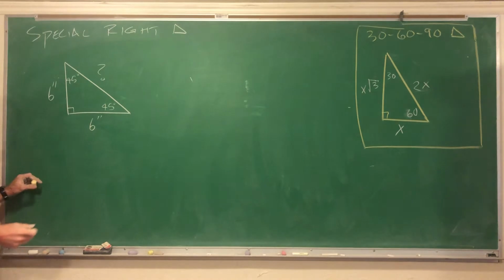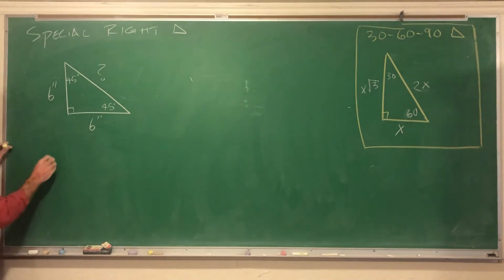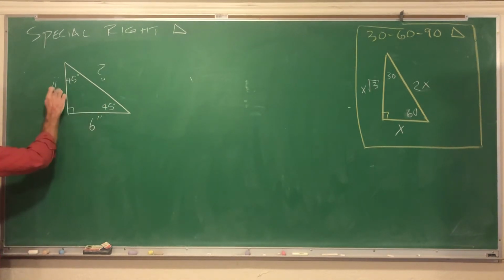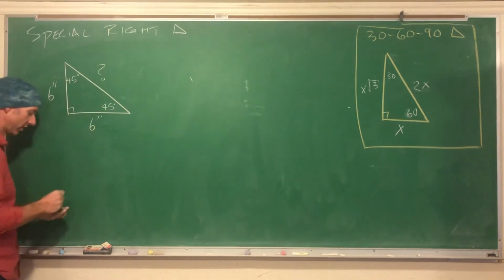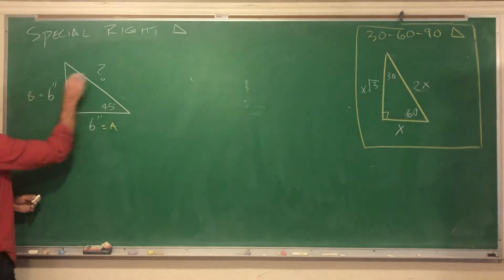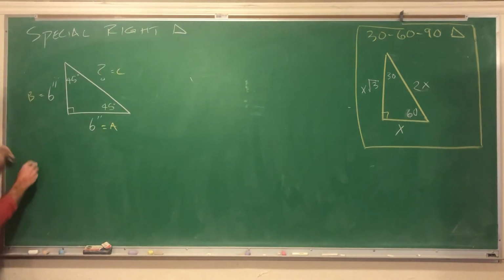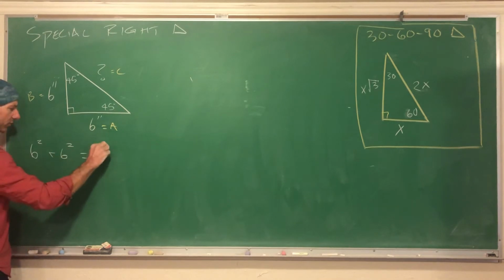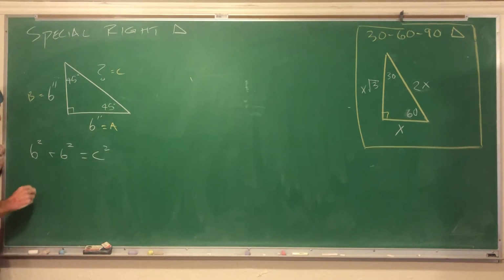And we're going to use the Pythagorean theorem. We're going to say a squared plus b squared equals c squared. We could call this a, call this b, call this c. So we're going to say 6 squared plus 6 squared equals c squared. Go ahead and add those up.